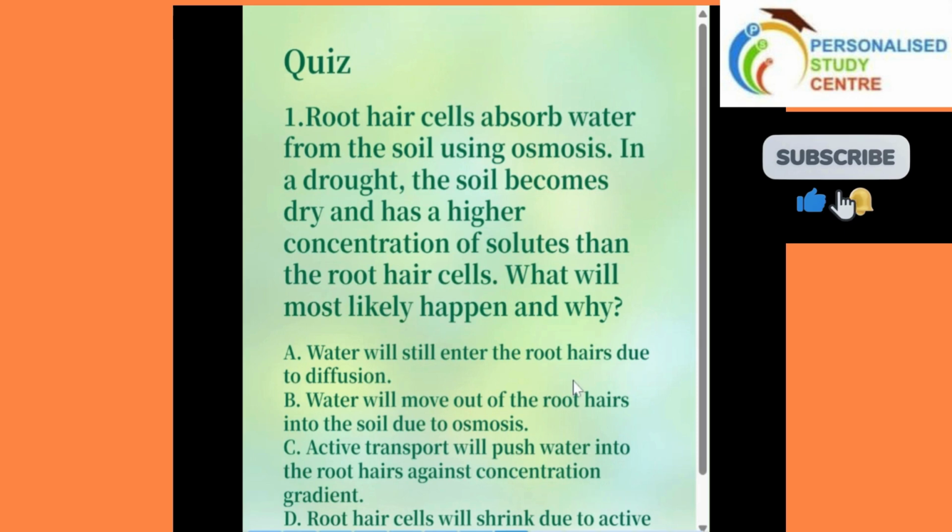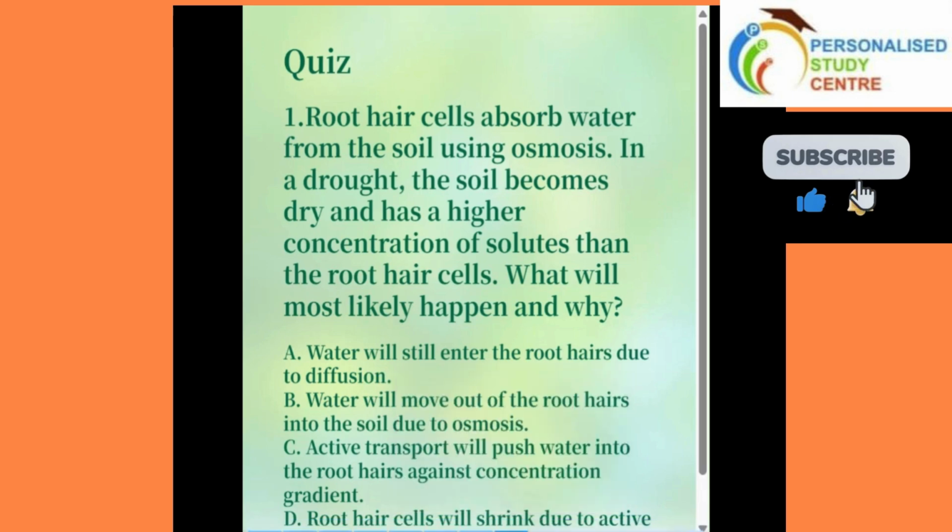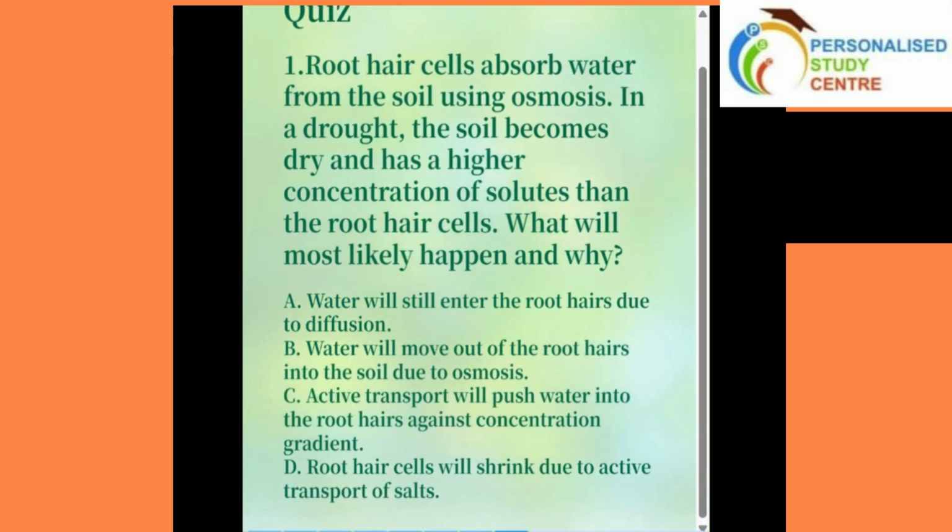So this is all about today's session. Now we have a quiz, and the very first one is: root hair cells absorb water from the soil using osmosis. In a drought, the soil becomes dry and has a higher concentration of solutes than the root hair cells. What will most likely happen and why? There are four options. Option A, water will still enter the root hairs due to diffusion.